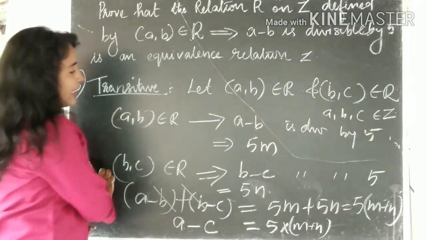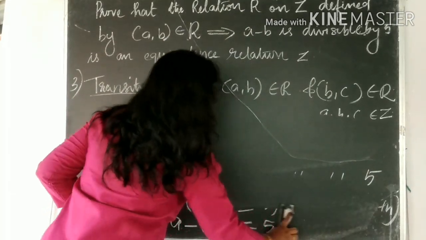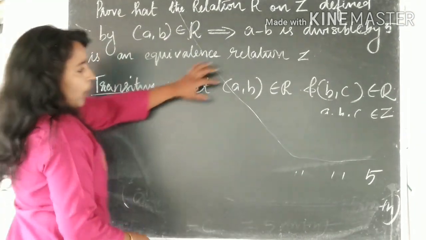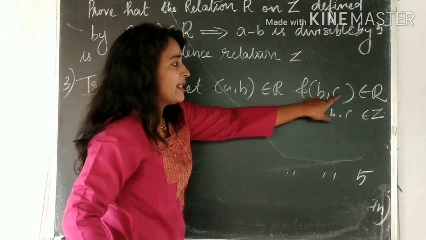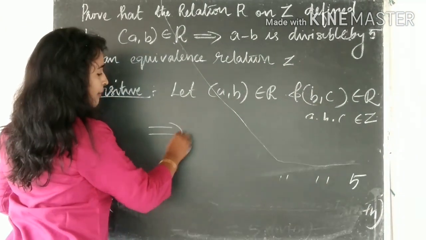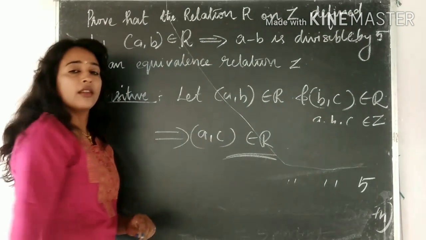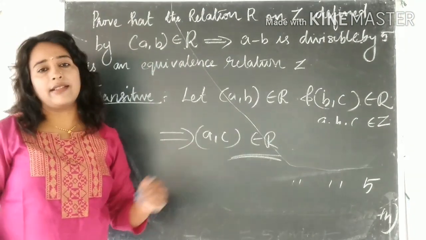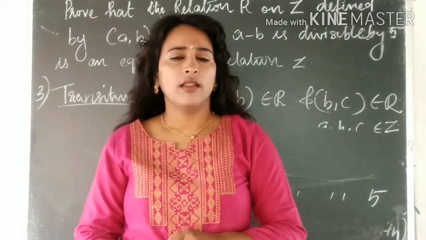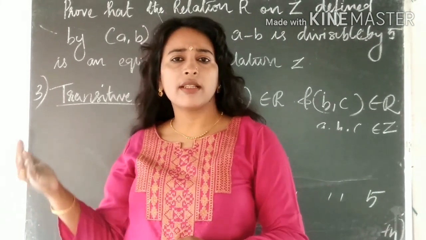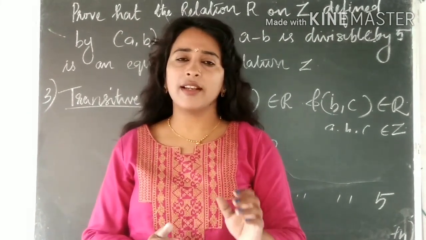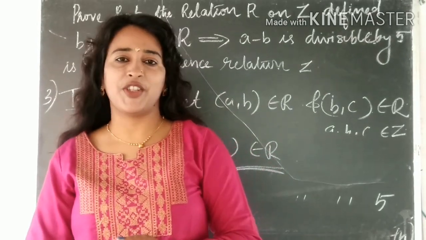So you can easily say that for any two ordered pairs AB and BC belonging to R, that implies AC belongs to R. Hence it is transitive. Since it is reflexive, symmetric and transitive, the relation is an equivalence relation.